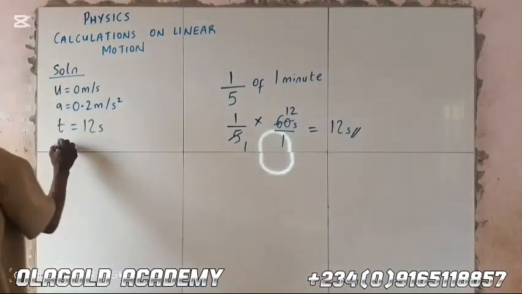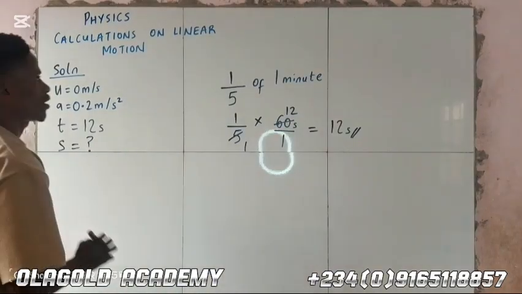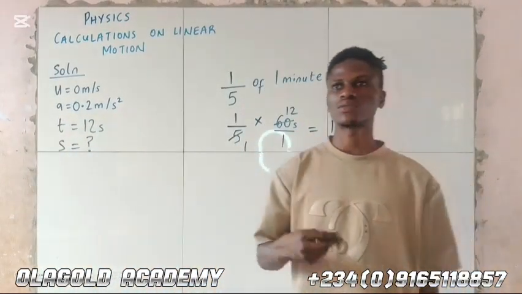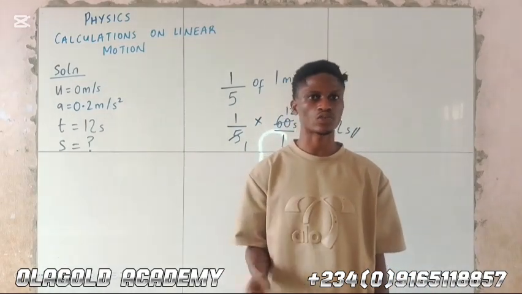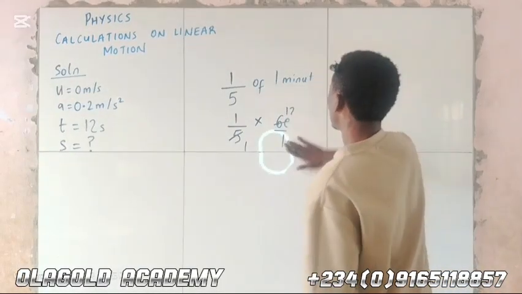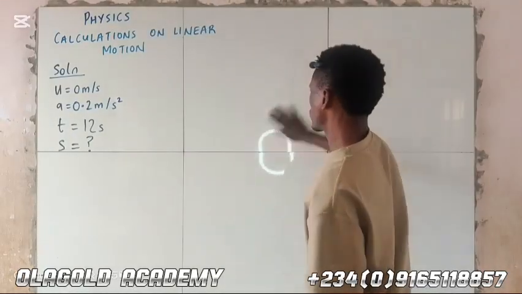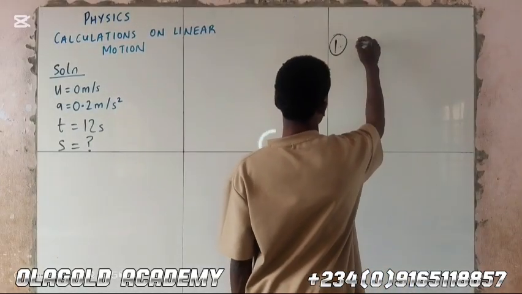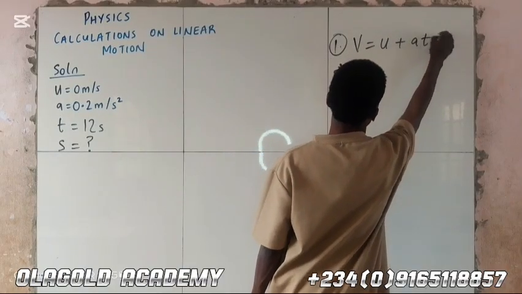Calculate the distance covered by the body. Like I said in the previous class, I've also done the derivation of the equations of linear motion. You can check that video out also. Now we have the equations for linear motion. The first one is V equal to U plus AT.